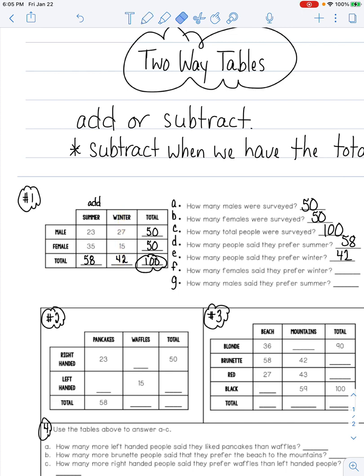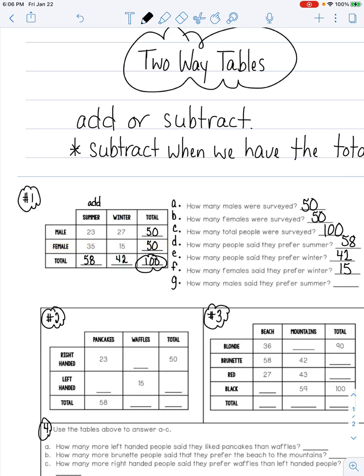How many females said they prefer winter? This is where we're going to match up the two things at a time. So we want to match up females who prefer winter. And if you notice, those two things cross at 15. So there are 15 females who prefer winter.